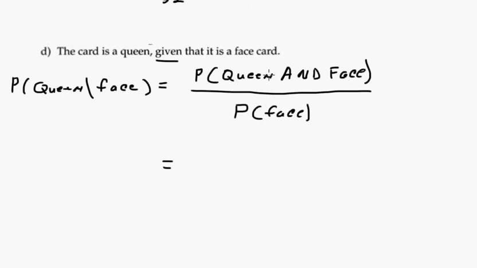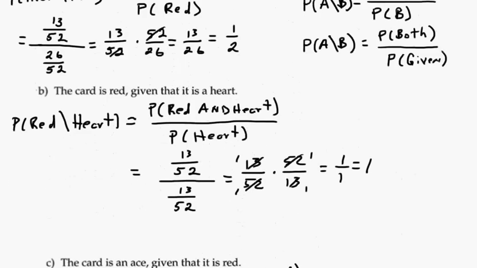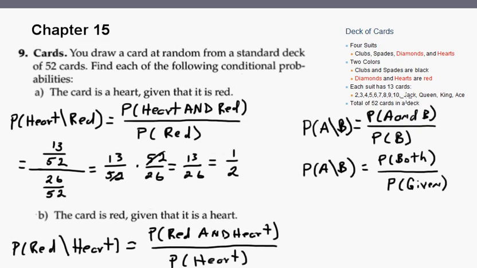There are 4 queens, so that's 4 out of 52, divided by the probability of a face card. Let's check this out. The jack, queen, and king are face cards.